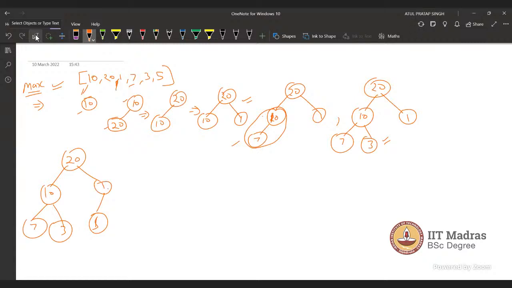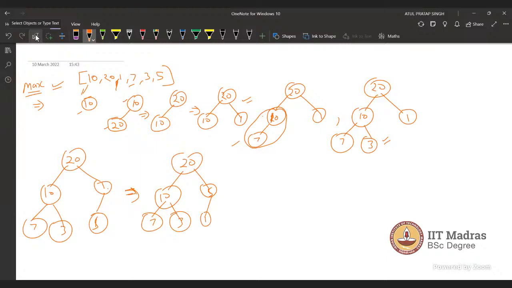The largest is 5, so the values are swapped. Now it becomes 10, 1, 7, 3, with 5 and 1 swapped. Since the values are swapped, we will check the parent node again from here.